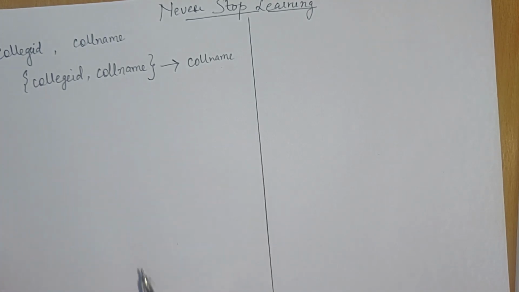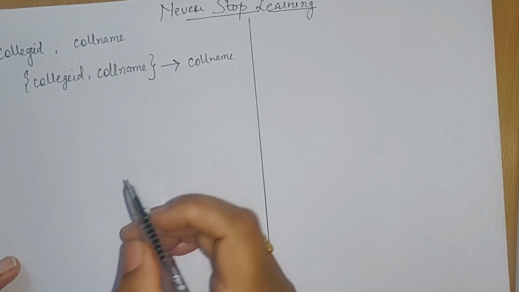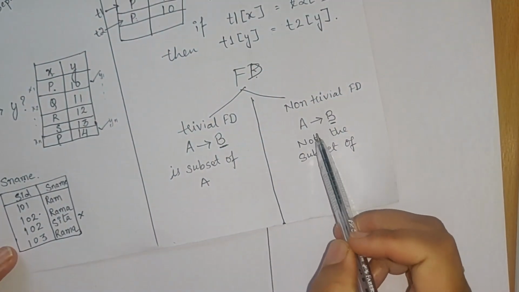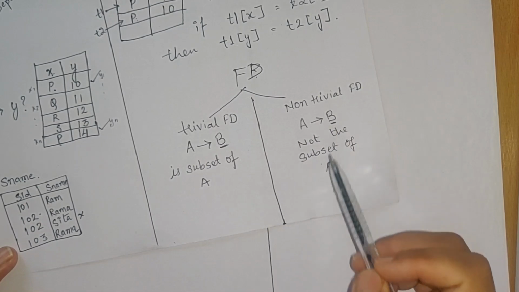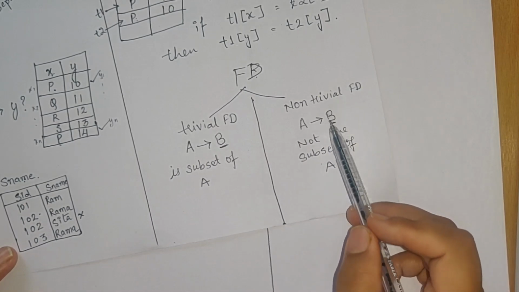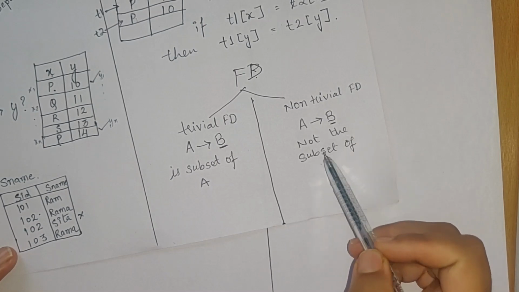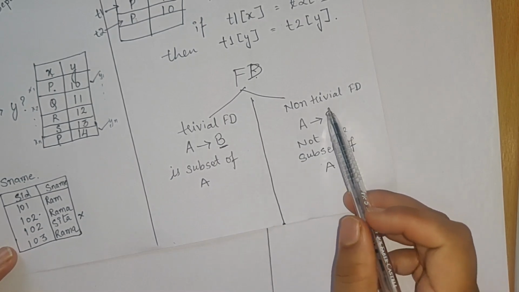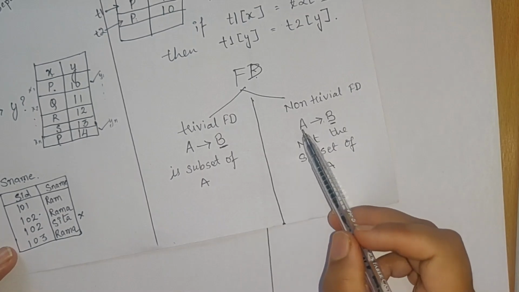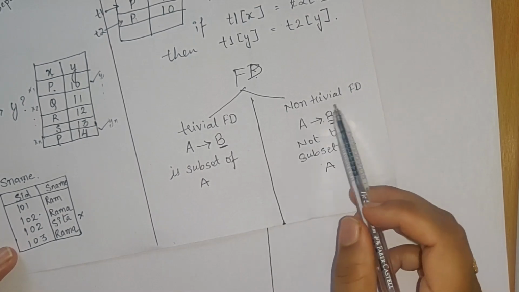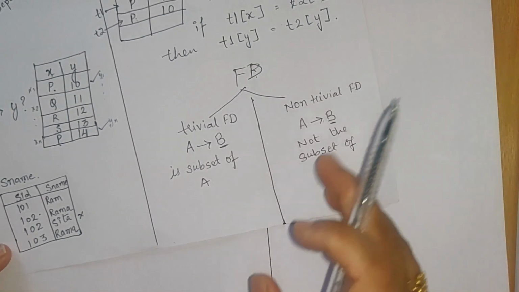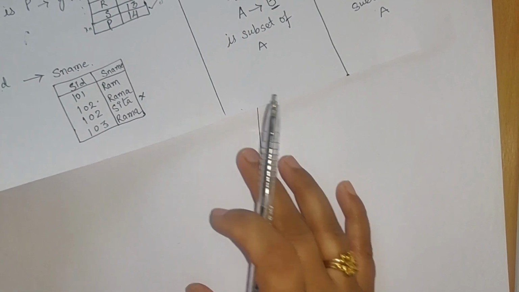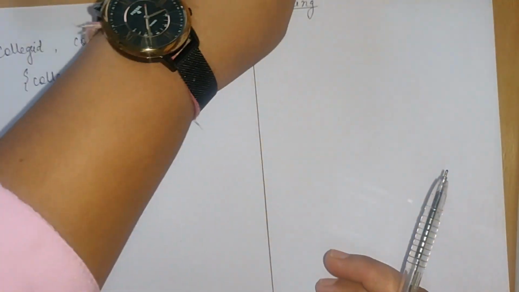If there is a functional dependency from A to B, and this right hand side attribute is not the subset of left hand side attribute, that is dependent is not the subset of determinant, then it is a non-trivial functional dependency, right? So let's take an example so it will be more clear.